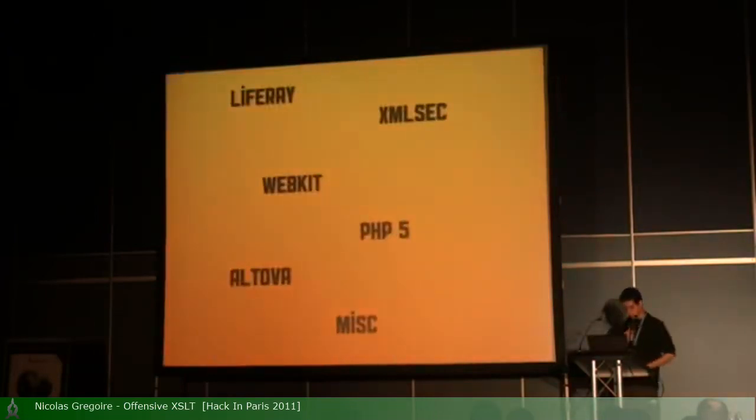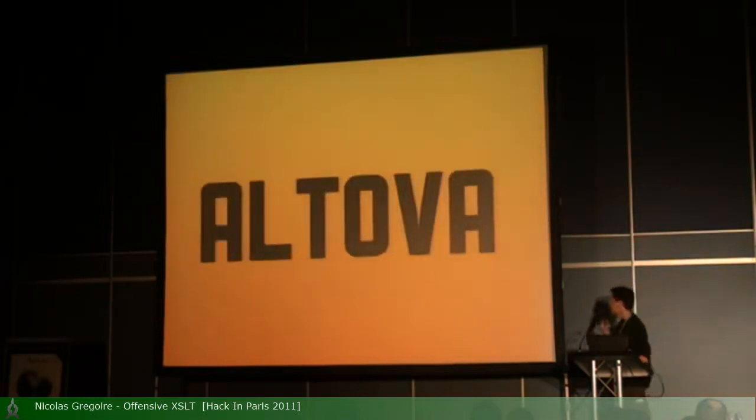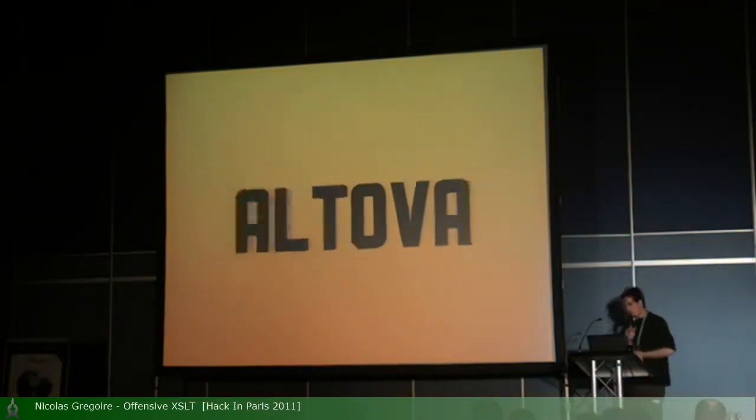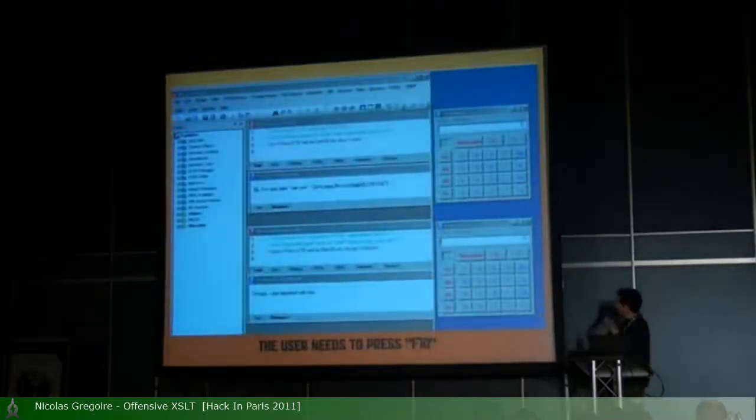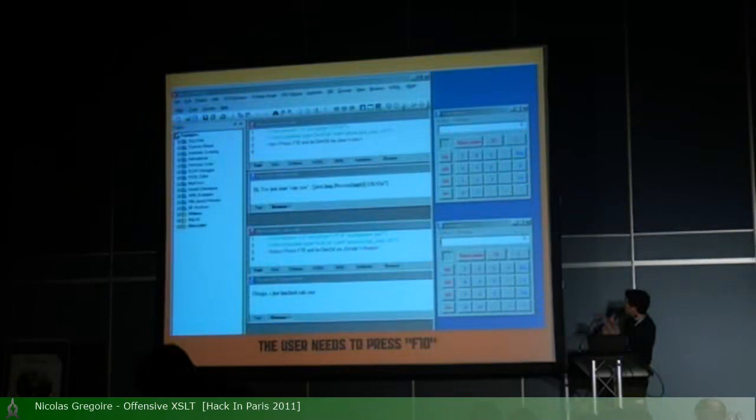Okay, something else. Altova. Altova is a tool which is used to design XML files or web service contracts, WSDL files, for example. It's very feature-rich, and here is a small screenshot where I can execute calc either from Java or from GScript.